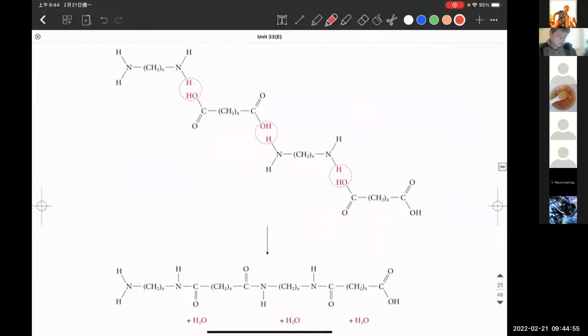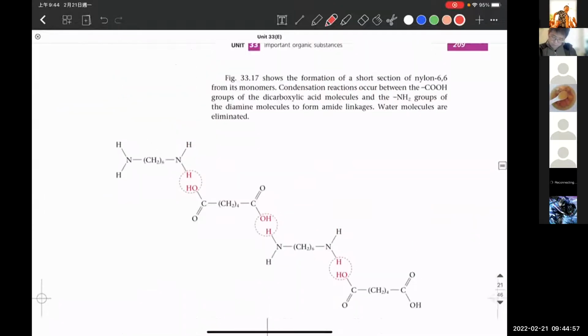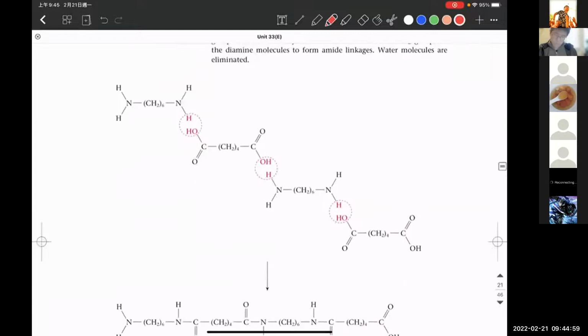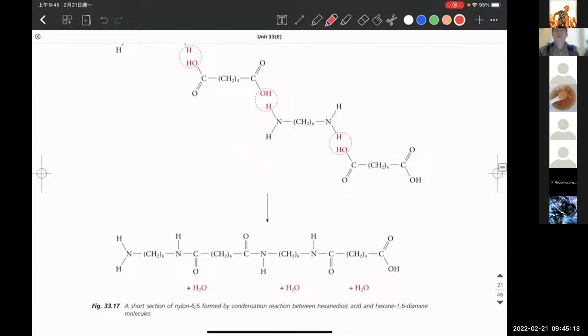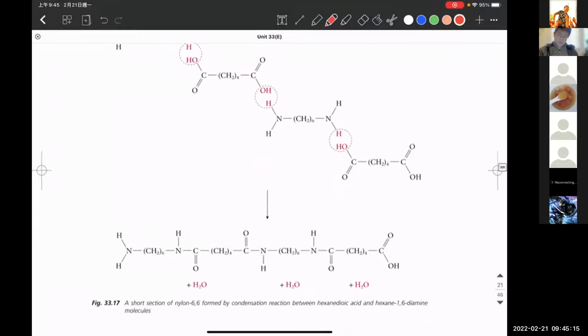Now, how would you draw this polymer structure? As I said before, you are forming an amide linkage with the elimination of water molecules. So you take 1 H from the amine and 1 OH group from the carboxyl group, the acid. Altogether they merge and you have water.